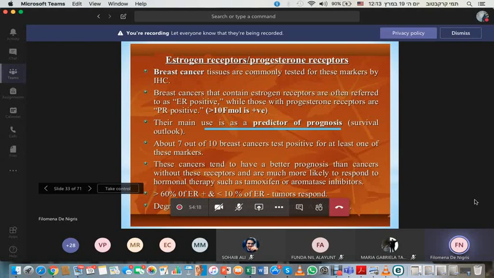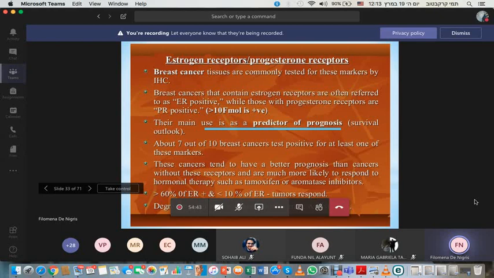If the patient is positive to ER or progesterone receptor, generally they need to have 60% of cells positive. It is very highly positive, a good prognosis, and this patient benefits from hormone therapy.